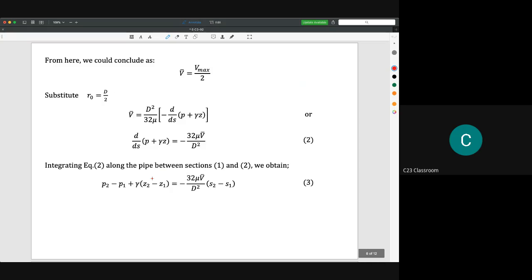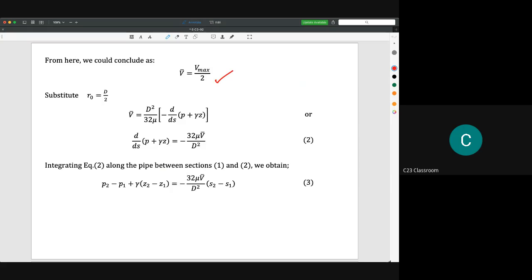So then we found that this is the common equation used in Poiseuille flow. Normally we could say that the average velocity is actually half of the maximum value. Again, this is just to get the losses.